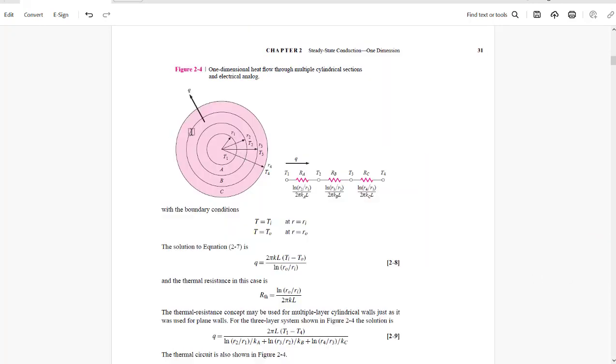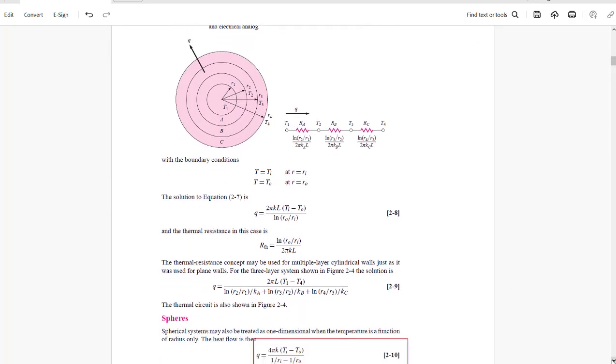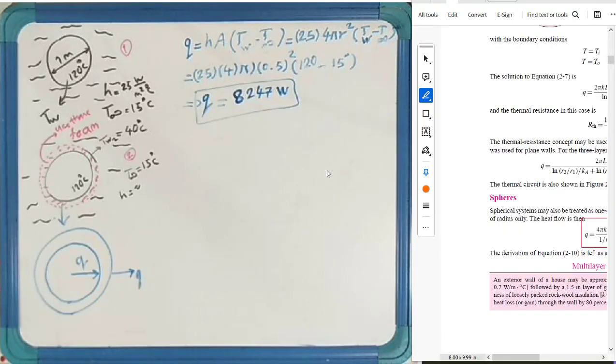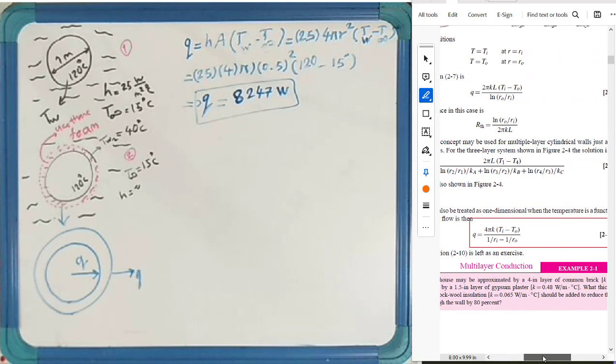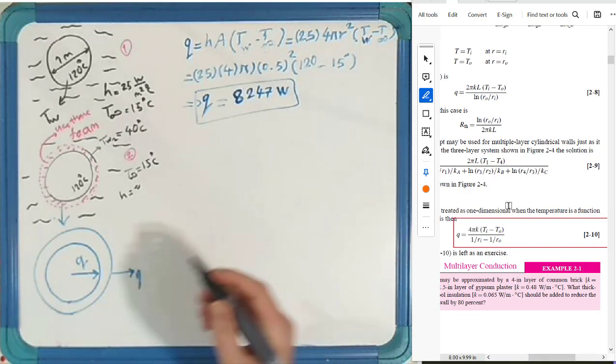Okay, for these sections we have this formula. We want to write this formula and evaluate Q for this section of the sphere. Then let's do it.